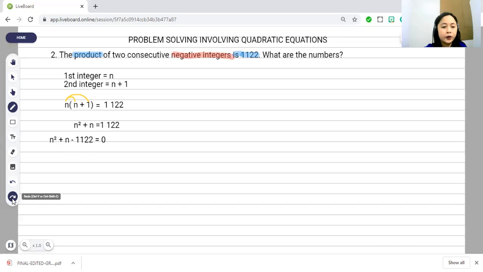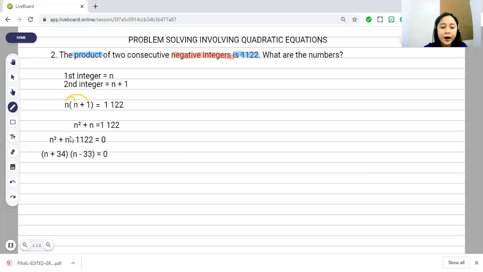If we factor this trinomial, it's going to be n plus 34 times n minus 33. How did we factor this? We factor n squared, and we know the factors of n squared are n times n. Then the factors of negative 1122, which if added will give our middle term numerical coefficient. Our middle term numerical coefficient here is 1.